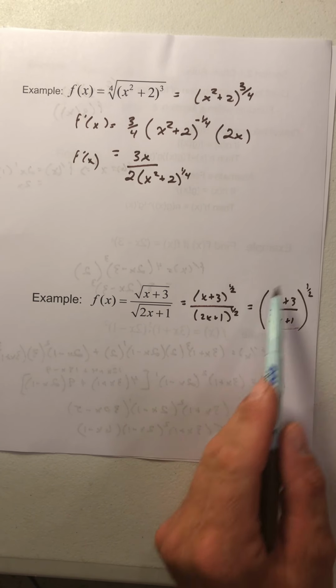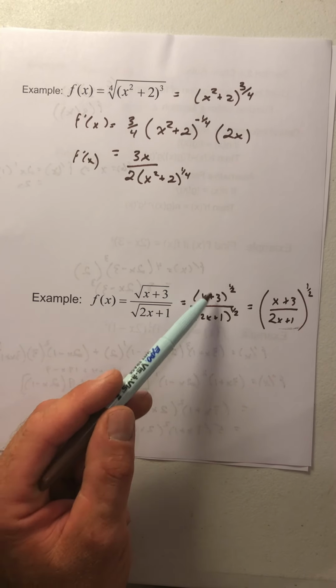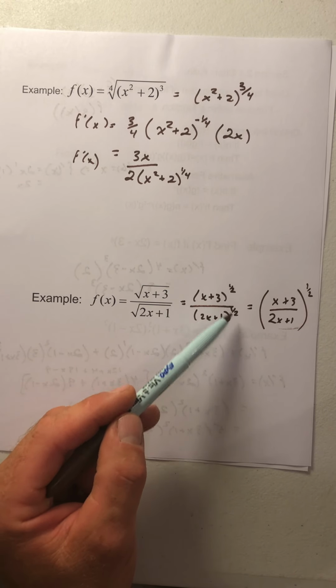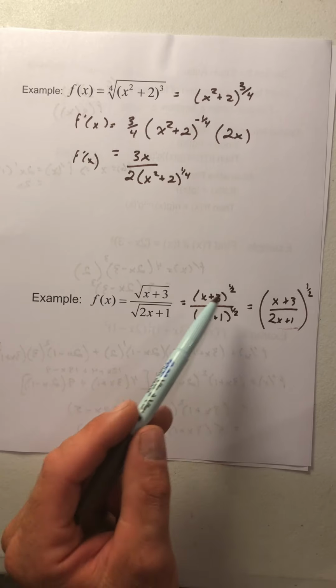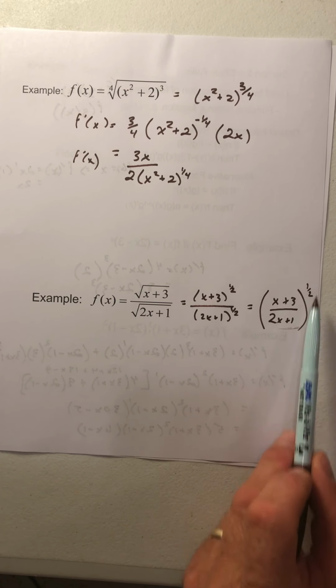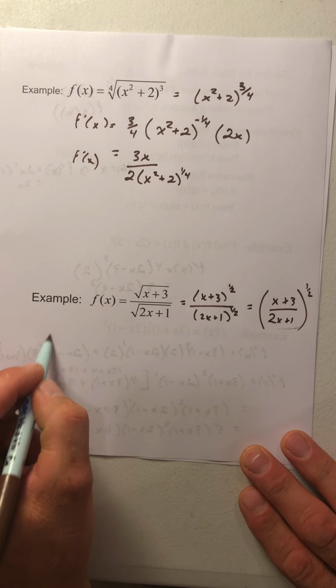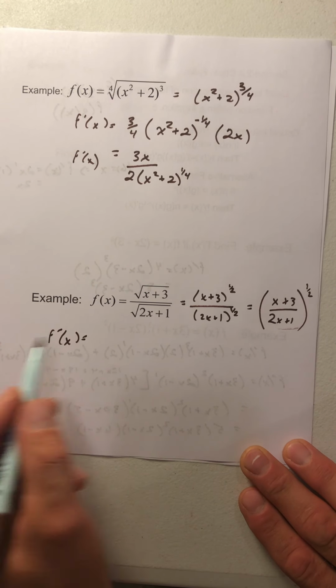That's the way I would probably tackle this problem, because otherwise we'd have a quotient rule, and within that quotient rule we'd have 2 chain rules. Here we have one big chain rule. So I would tackle it in this manner. I think it's going to make it a little nicer.